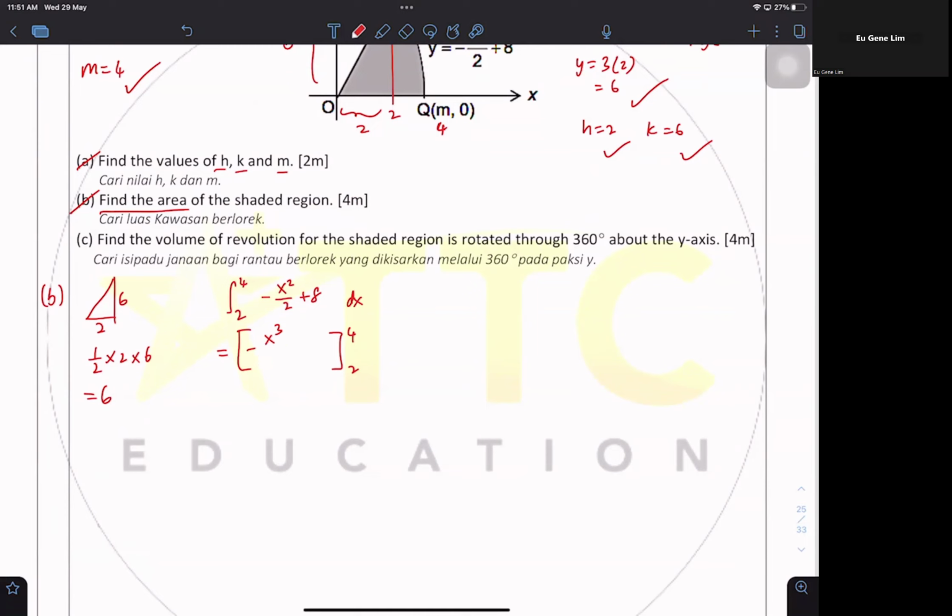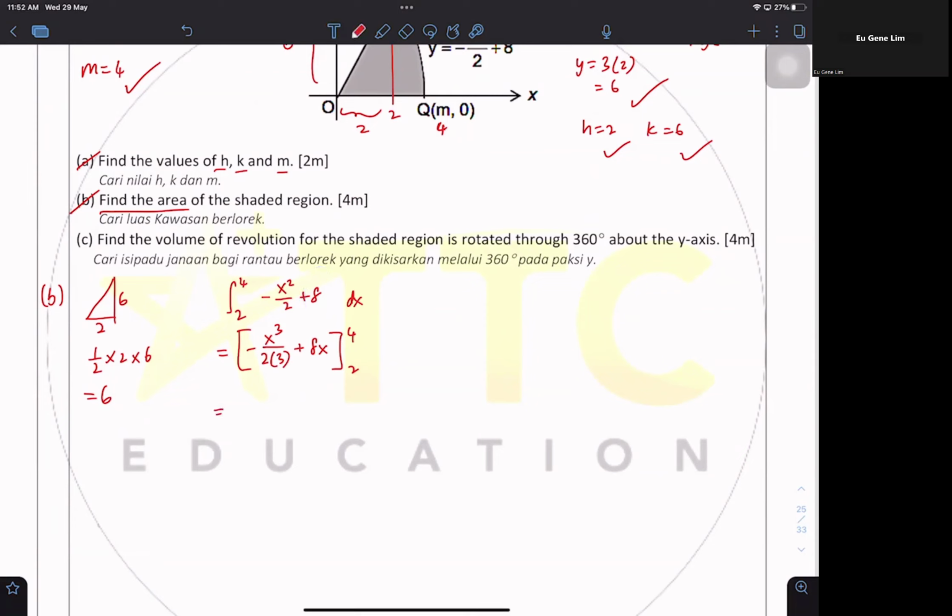No need like this. A lot of people like to do like this: oh, divide the new power, oh, divide 3. Don't do like that. Don't complicate things. Just put it beside the 2. Plus 8x. Because this number got no x, so once you integrate, you just give it x.